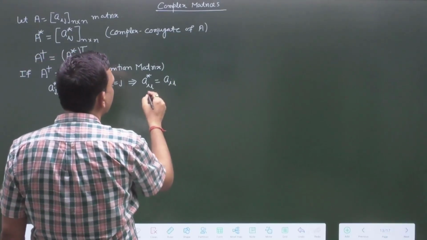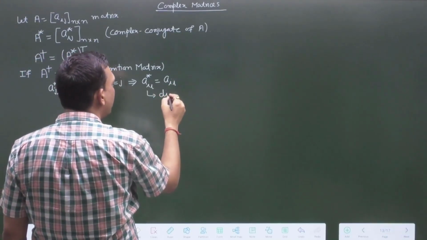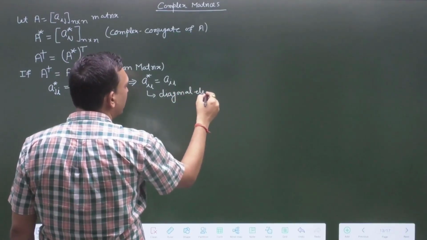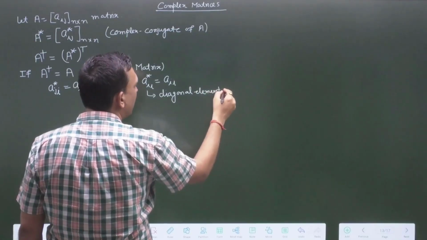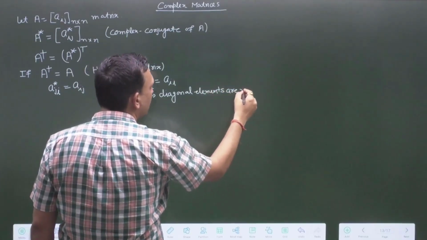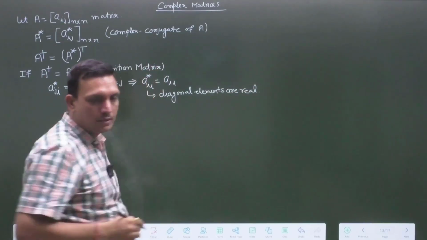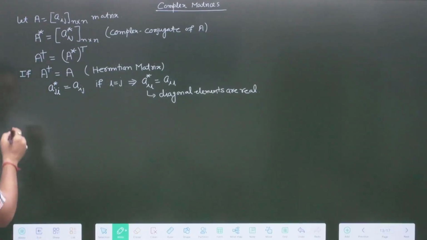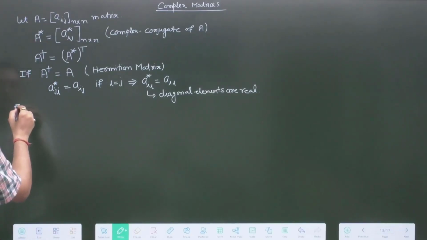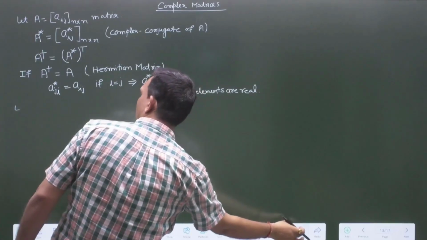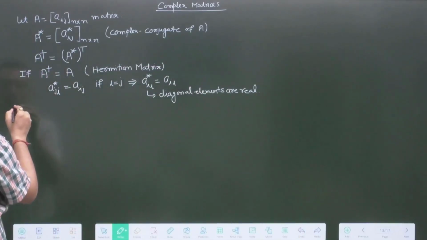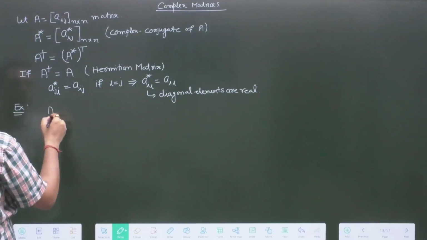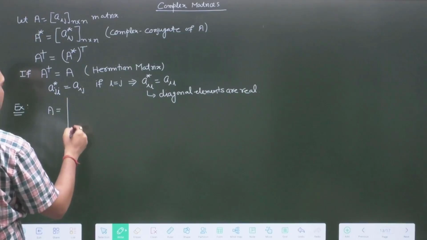What does it mean? Diagonal elements are real. In a Hermitian matrix, diagonal elements are always real.